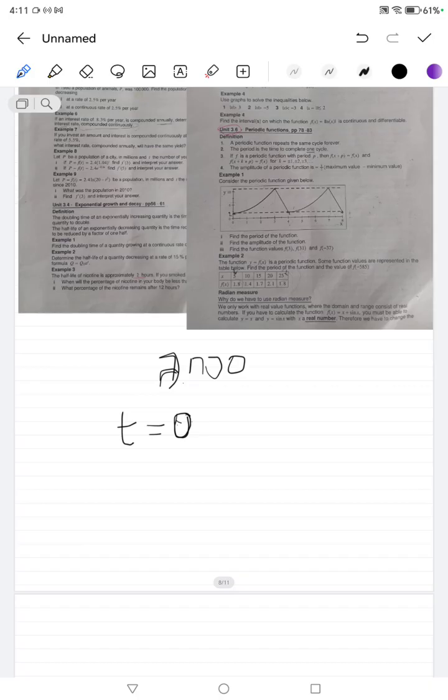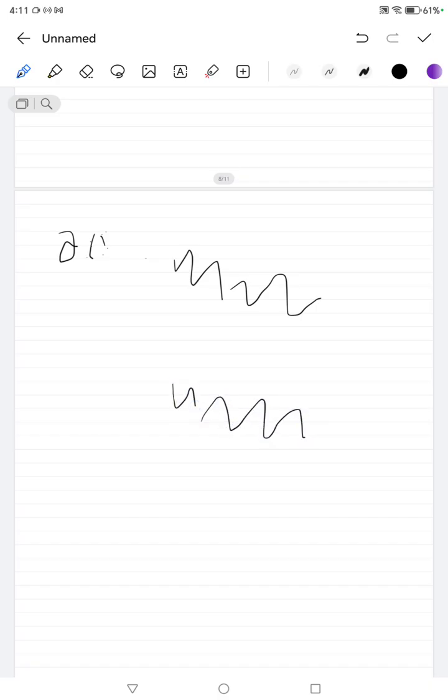Or is it because I'm writing on top of these pages? Let's try writing this side.